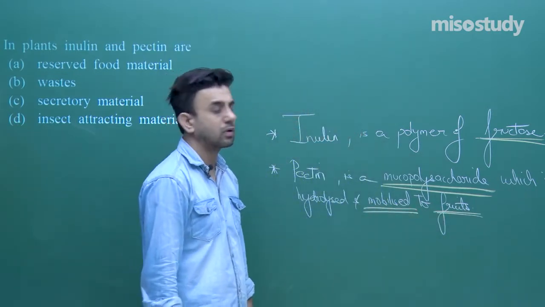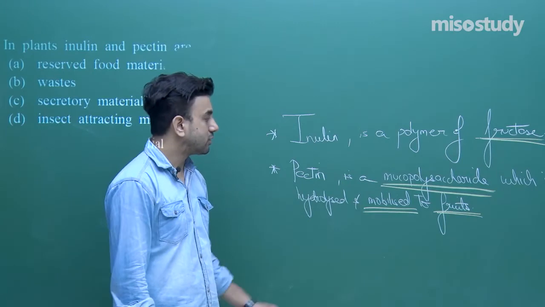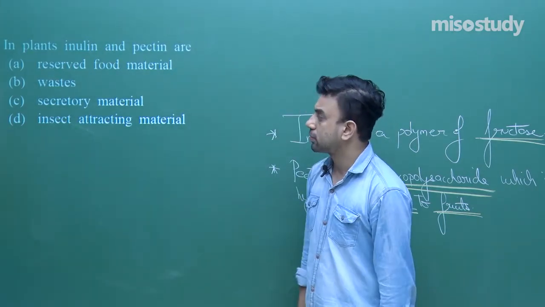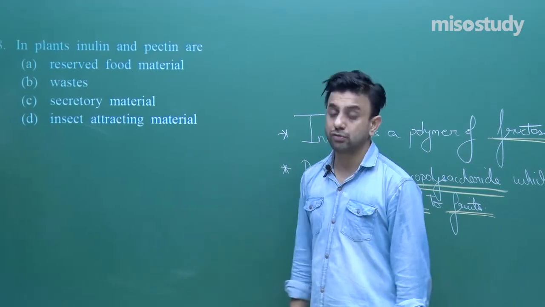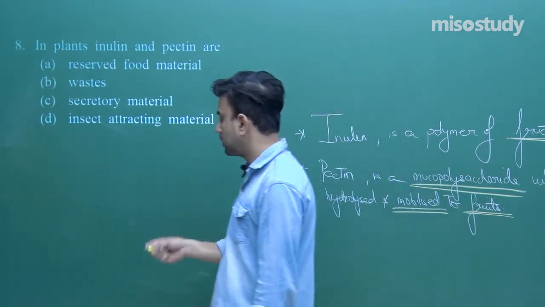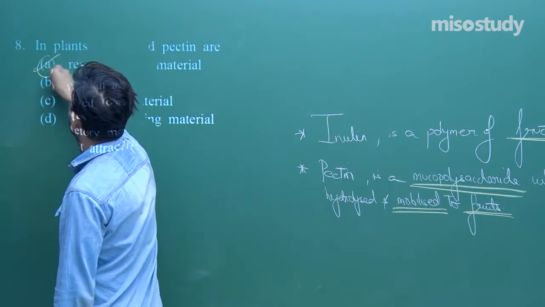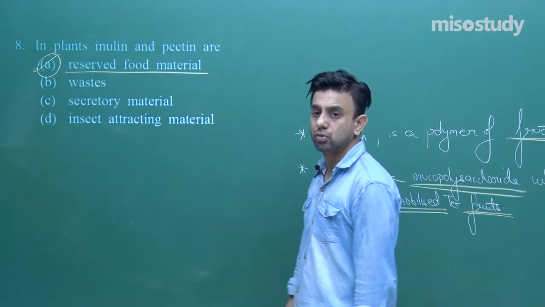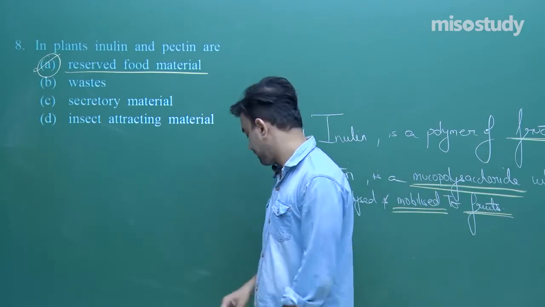So, as you can see, both of these, inulin and pectin, which are present in plants, are actually reserve food materials, the first option.